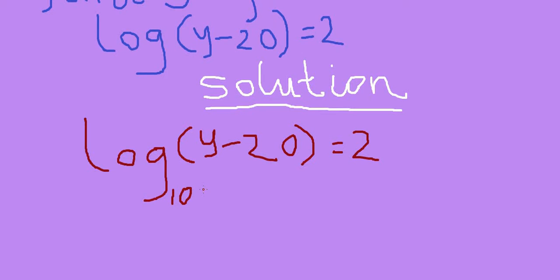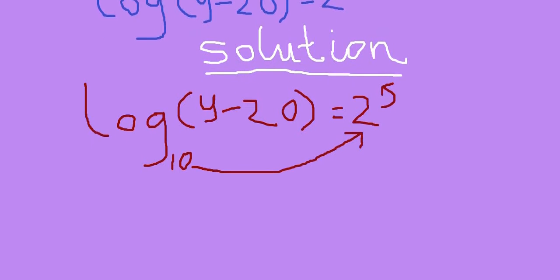So let us change our expression from logarithmic form into exponential form. We are going to bring this base down over here, and then 2 is going to be raised up, and the log sign will drop down when we rewrite it again.